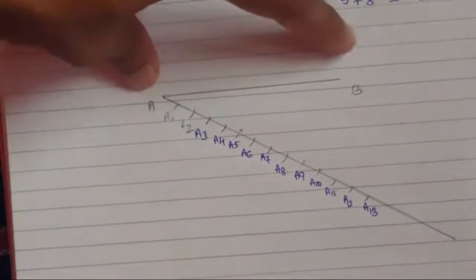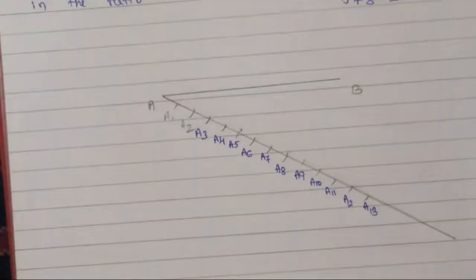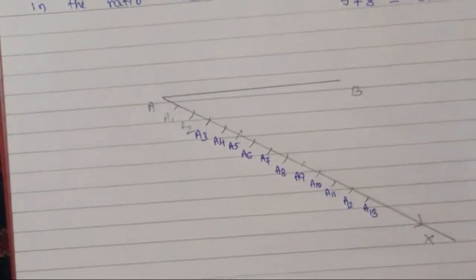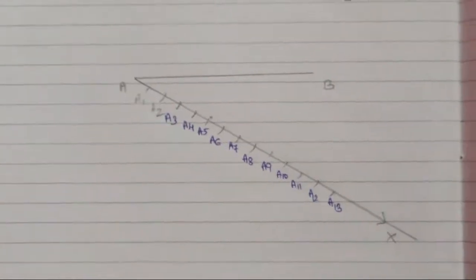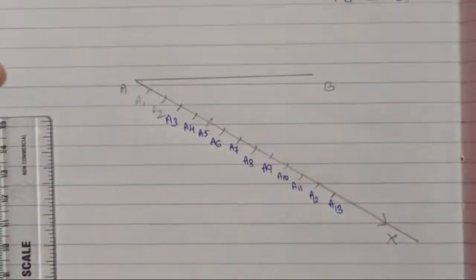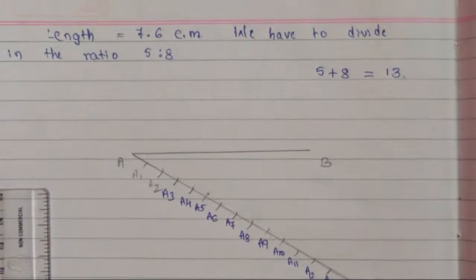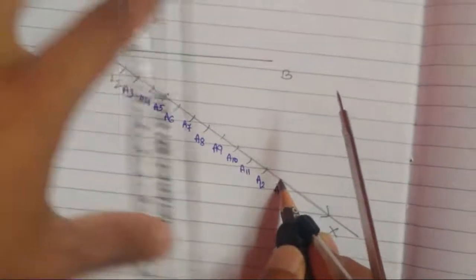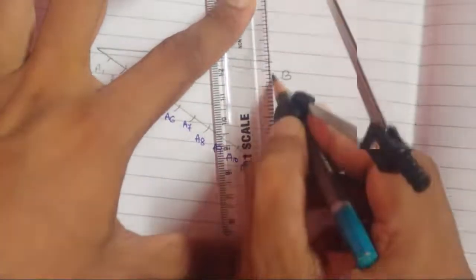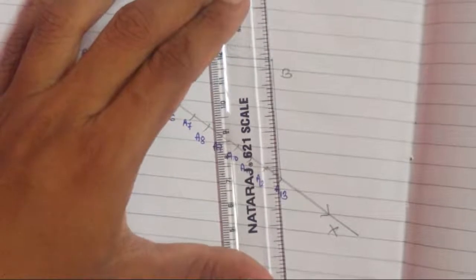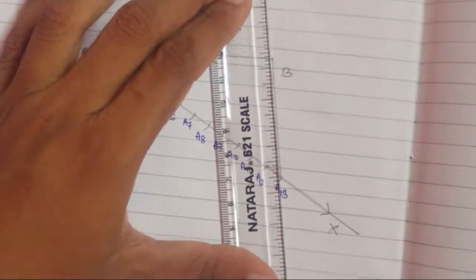This is our end point and I'll consider this line as AX. Next, here we have to see the second ratio. Second ratio is 8. So I will join the last point A13 to point B.